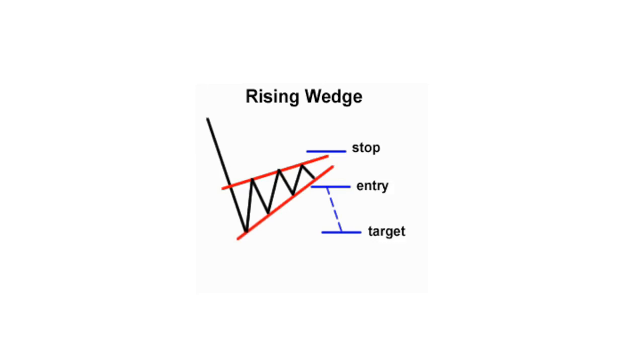So here is our rising wedge pattern. We saw a rising wedge pattern when we were looking at the reversal patterns, and now we are seeing a rising wedge pattern again as a continuation pattern. The difference is that the rising wedge as a continuation pattern is just a pause in a trend. It's not like the typical rising wedge reversal pattern where we are looking at reversals.